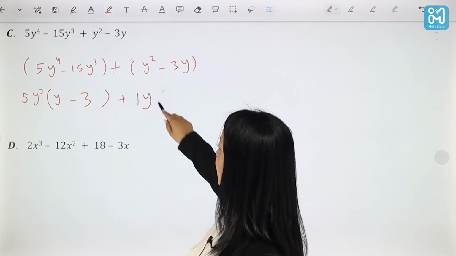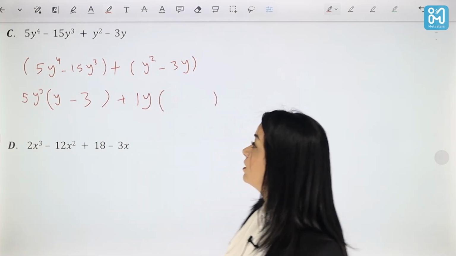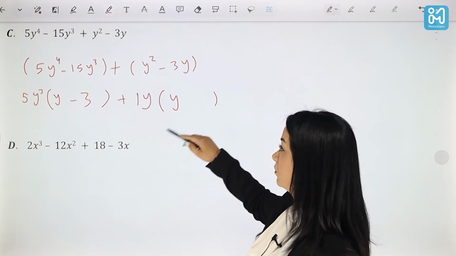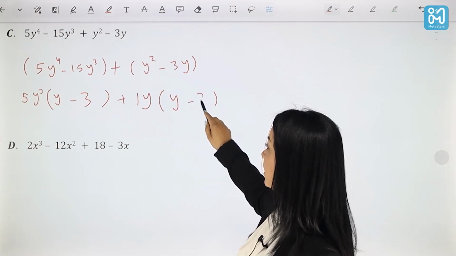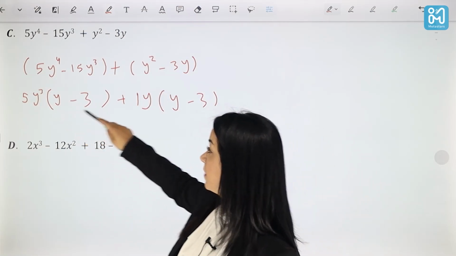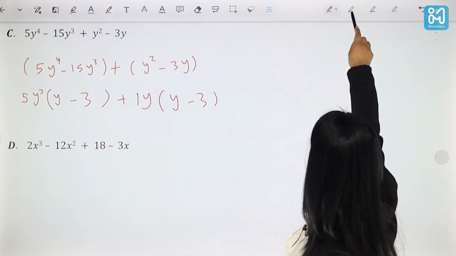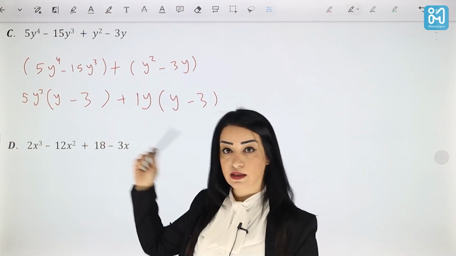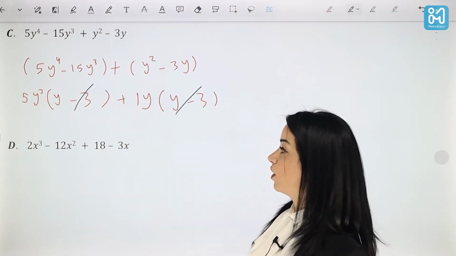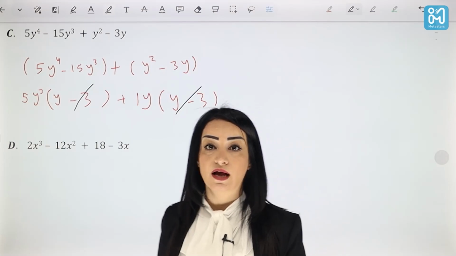So what do we have now? y squared, I took y out, so I have y. Negative 3, I took only 1, so it's negative 3, and y, I took it outside. So now I have y minus 3 and y minus 3. They are the same. So I can take y minus 3 as a common factor.